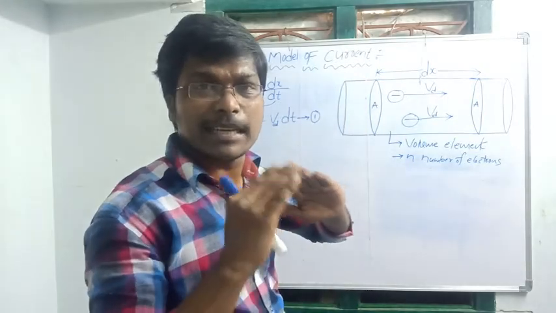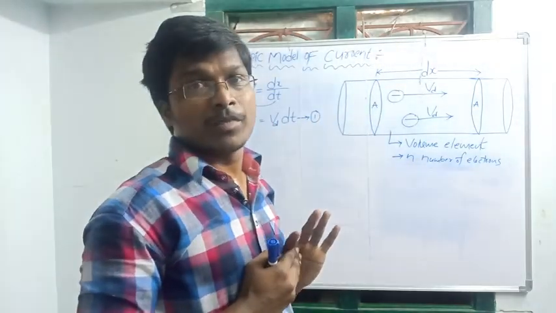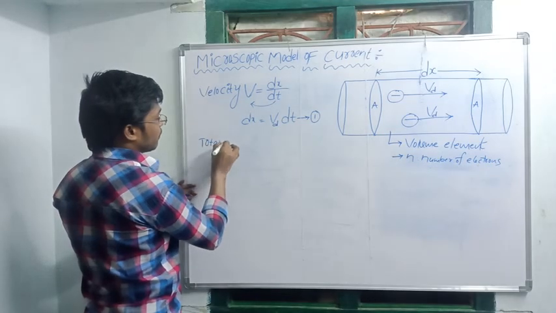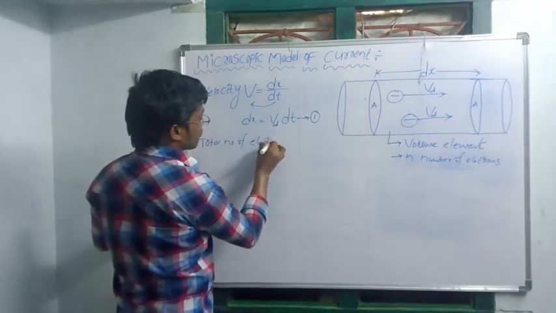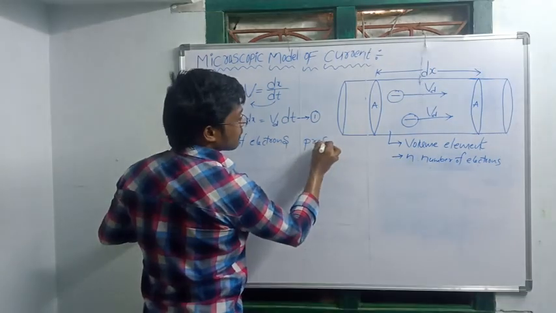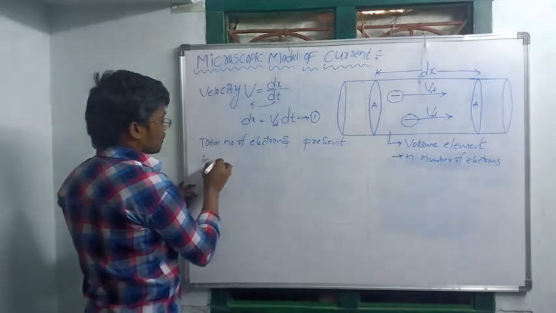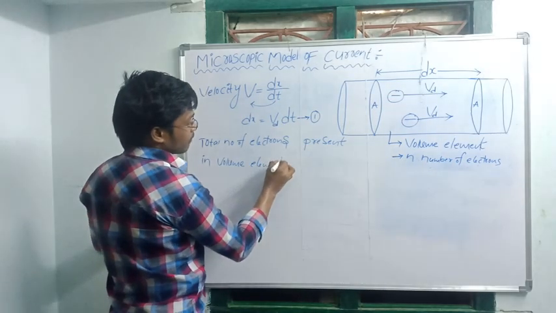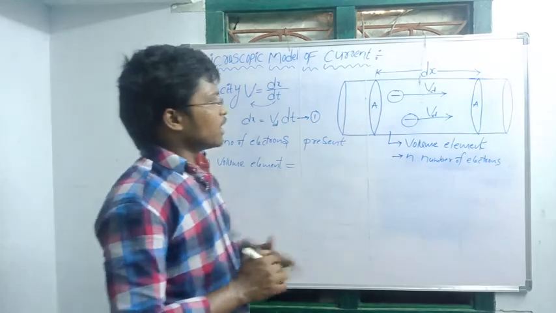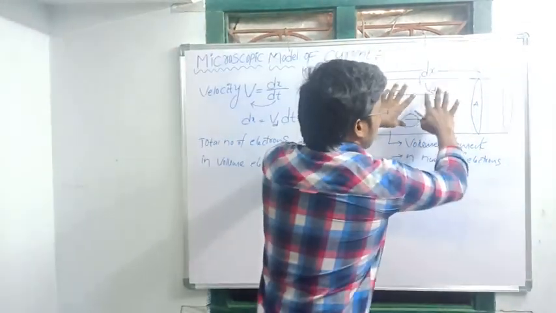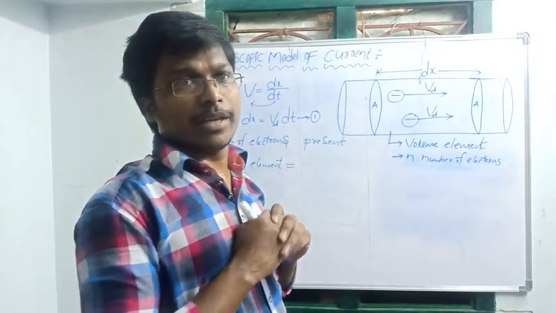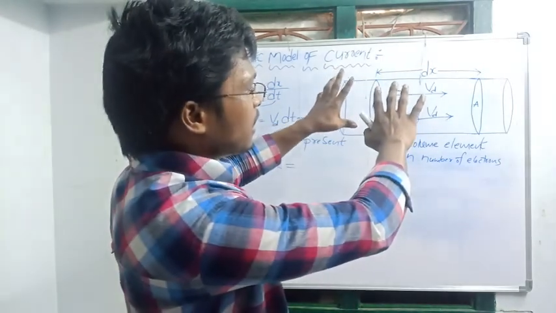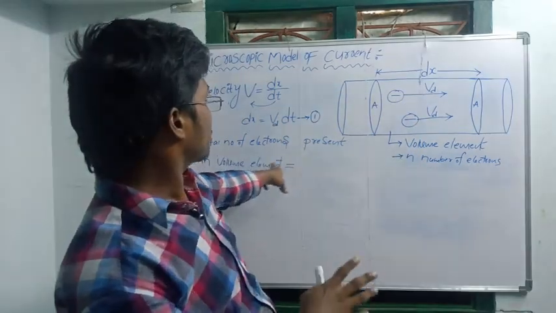So the total number of electrons present in the volume element is what I am going to find.